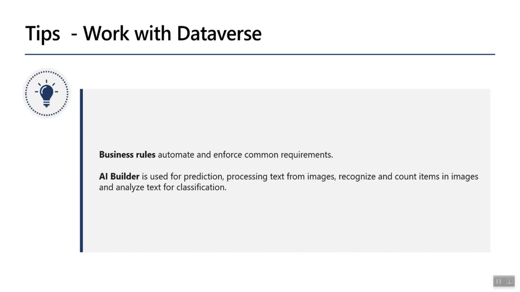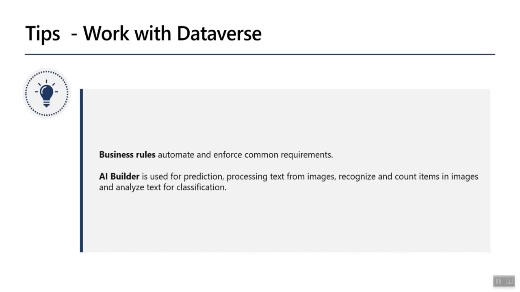So when we looked at AI Builder, a couple of things I mentioned are pre-built AI models and custom AI models. If your requirement is specific to your organization, for instance, you may have forms that are specific to your organization, then you will be creating a custom form processing model.